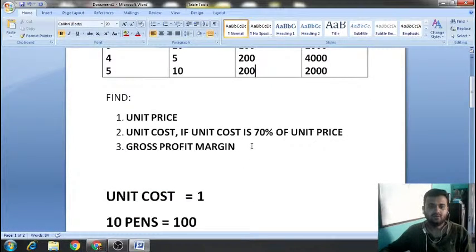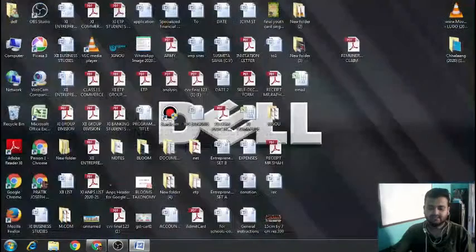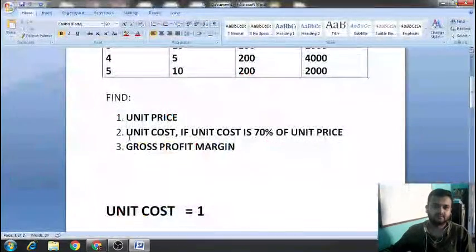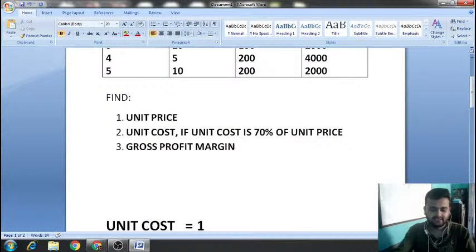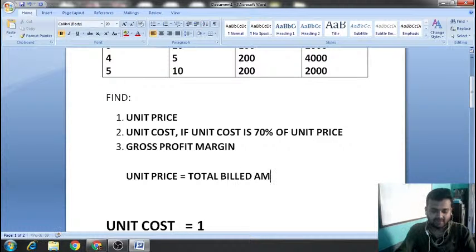So now what you have to find out is the unit price. The formula for unit price is total billed amount divided by the total number of customers. Clear?